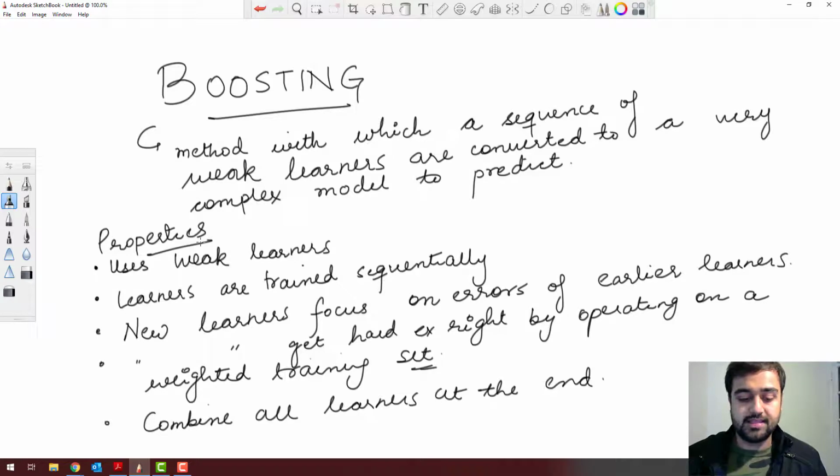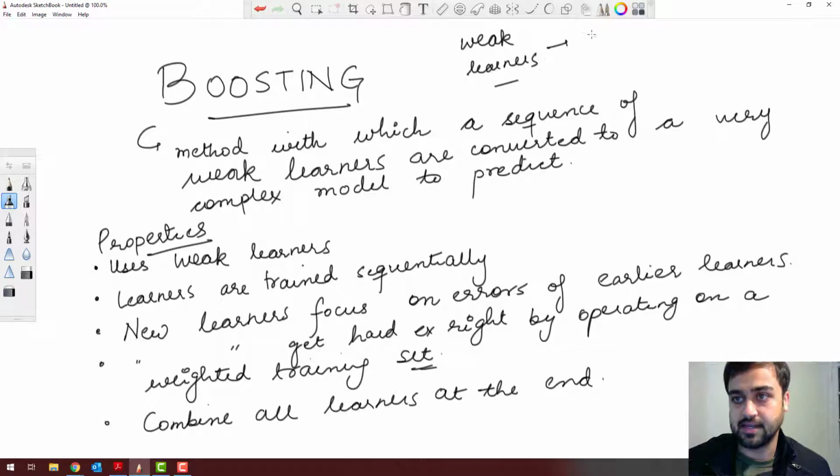The points that were misclassified are given a higher weight, and the new learner focuses on those examples which were classified wrong, right? At the end, once all these weak learners are trained, we combine all the learners.